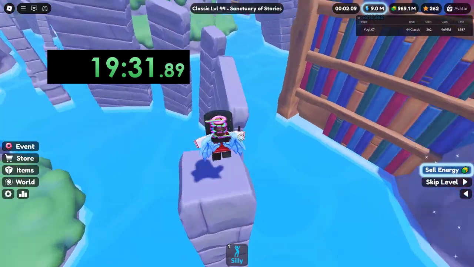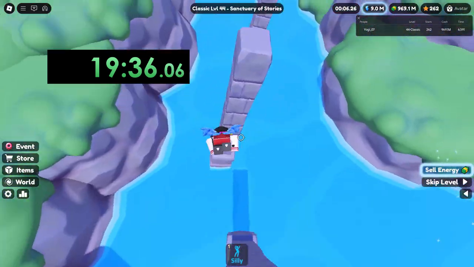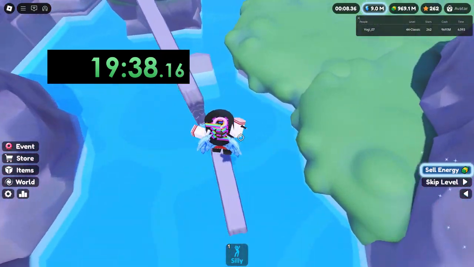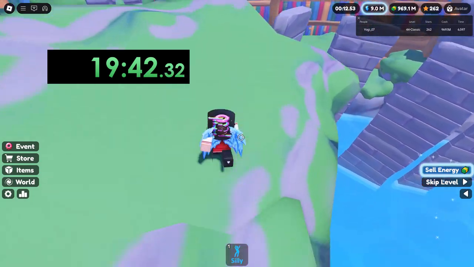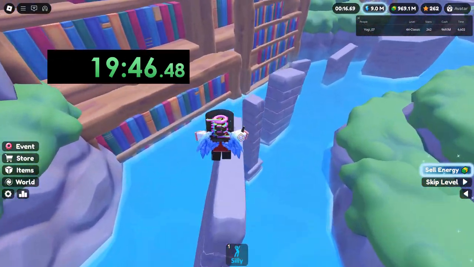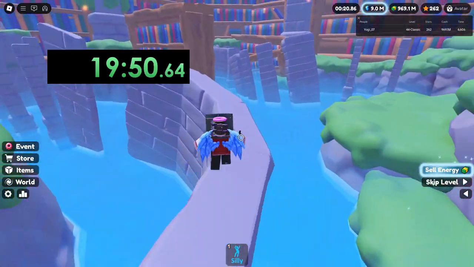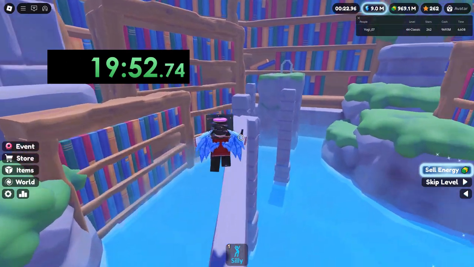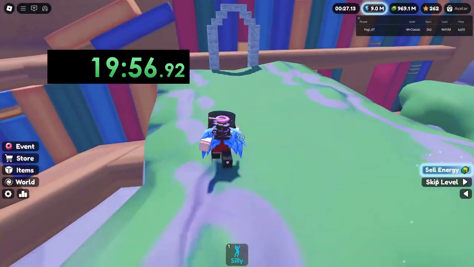Might be the last mouse movement I get. Please focus. Oh crap.